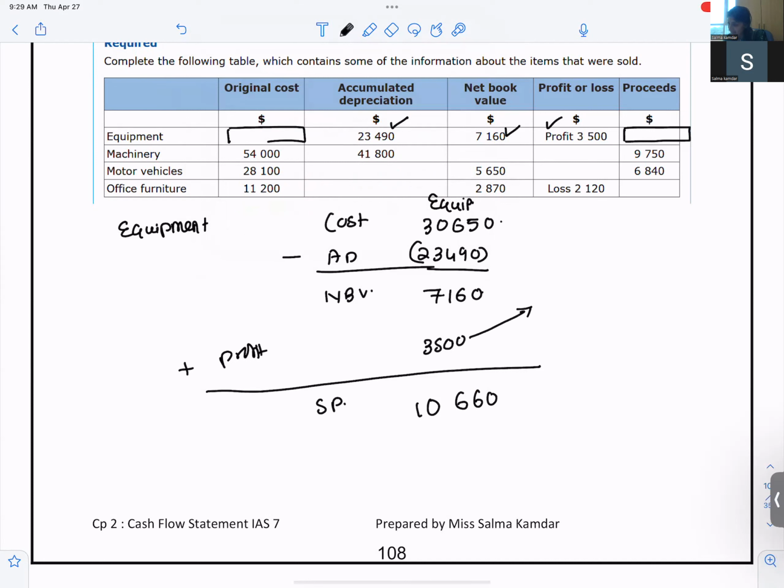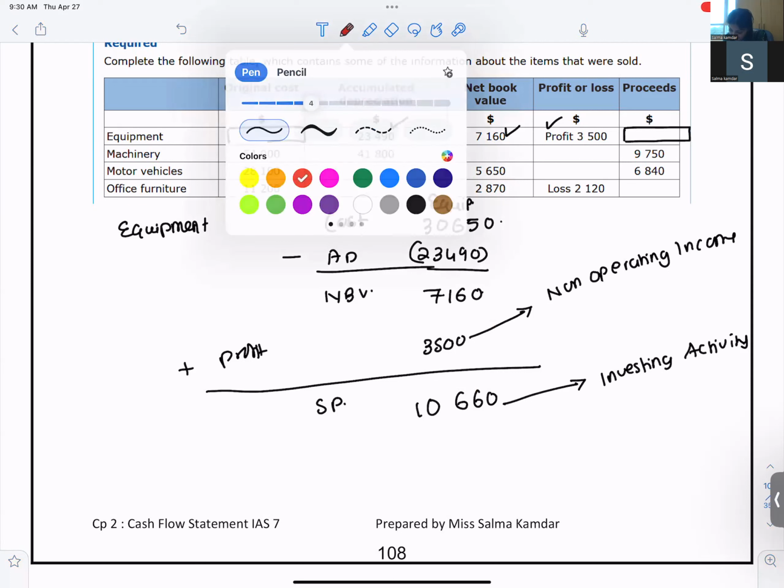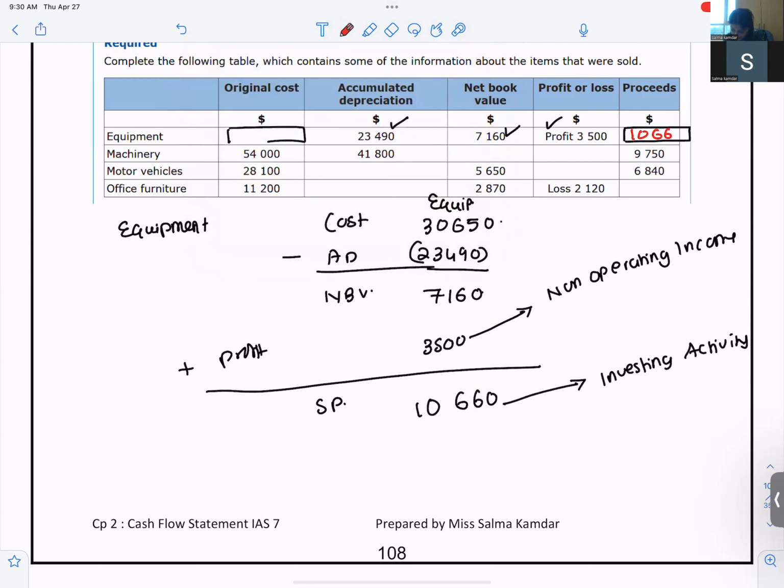Profit on sale of assets is a non-operating income. Selling price of the asset is an investing activity. So the selling price of the asset is 10,660. Cost of the asset is 30,650.